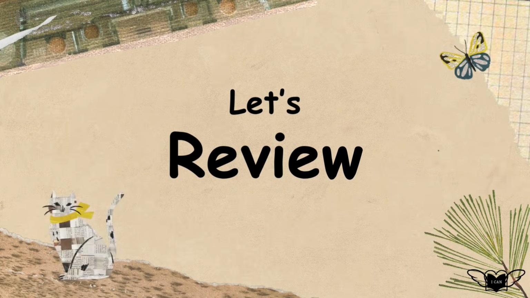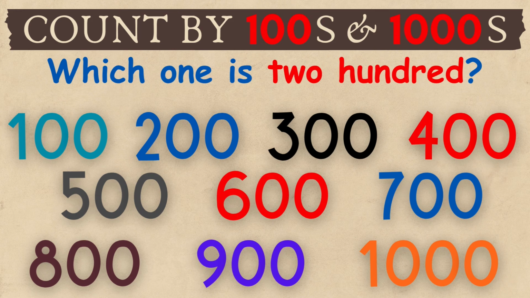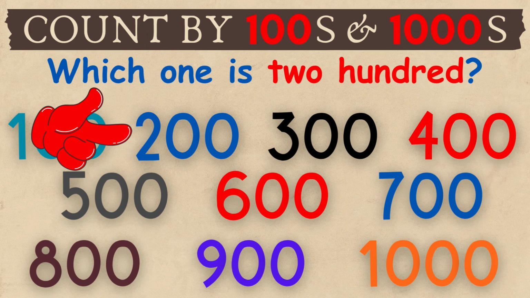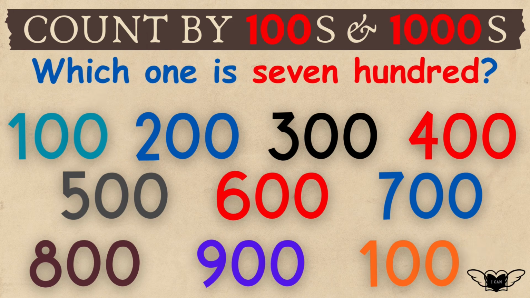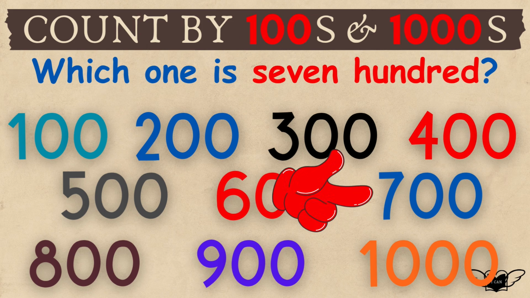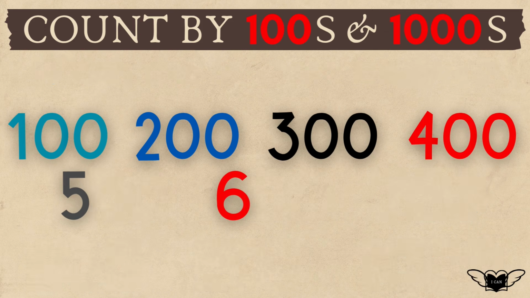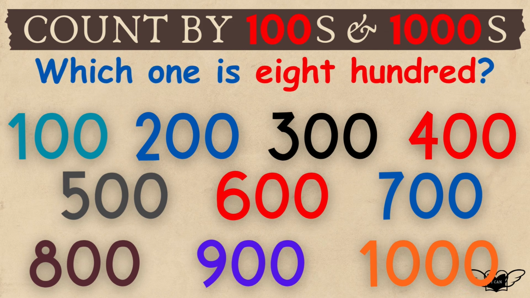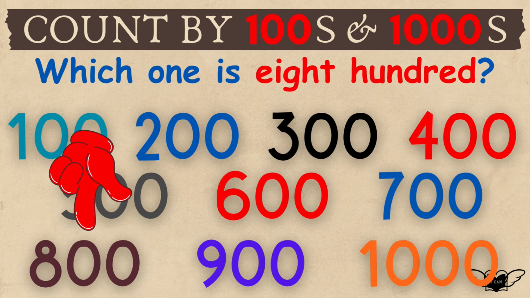Let's review. Which one is 200? This. Which one is 700? This. Which one is 800? This.